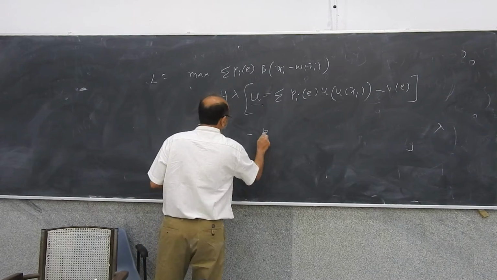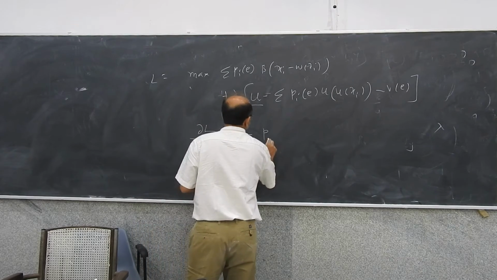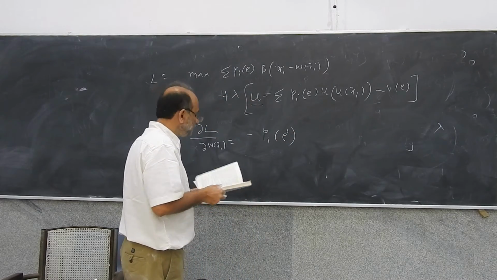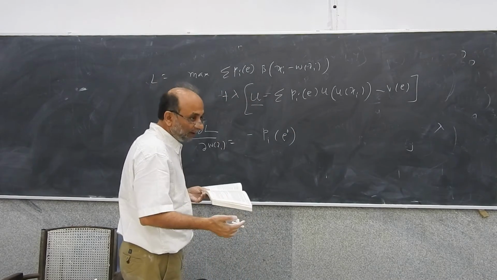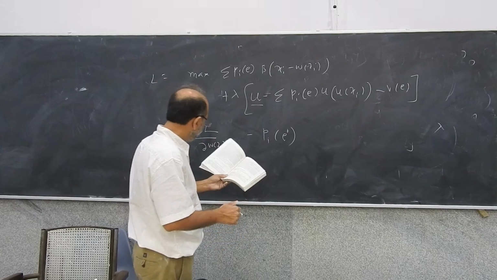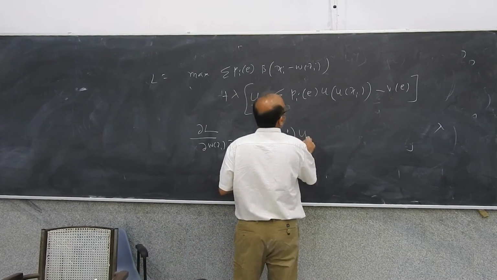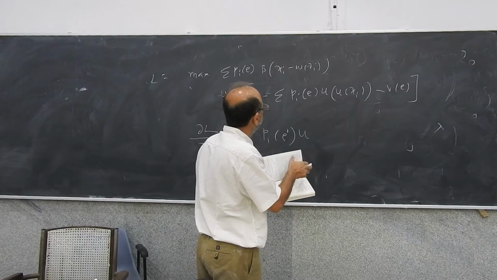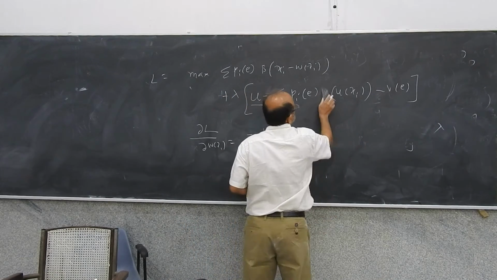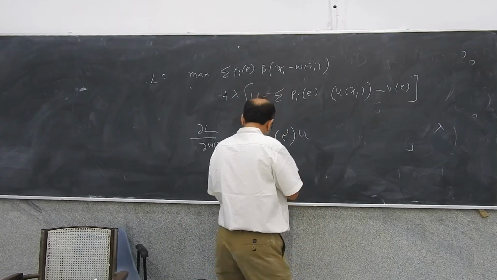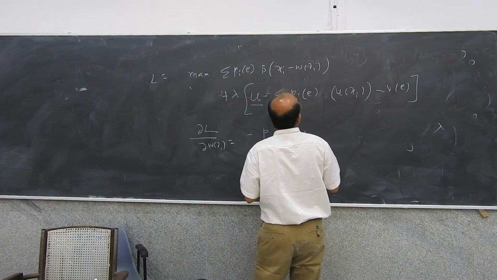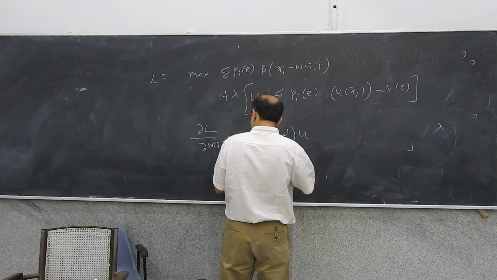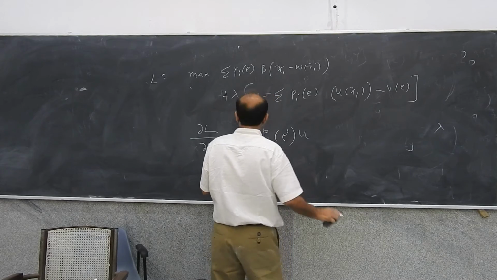So let me think of E0 as the equilibrium level of effort, because if I differentiate this, this will be U of E, right? First you need to differentiate this, so what I'll get is of E0.